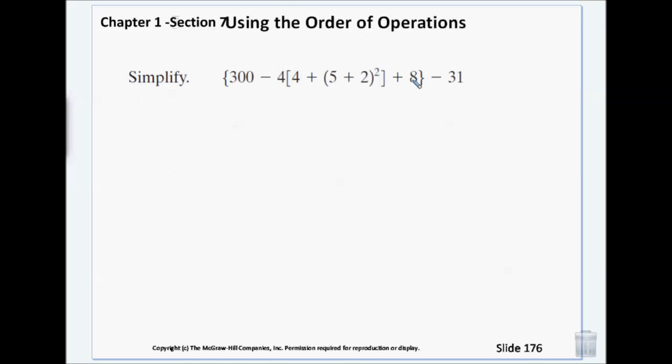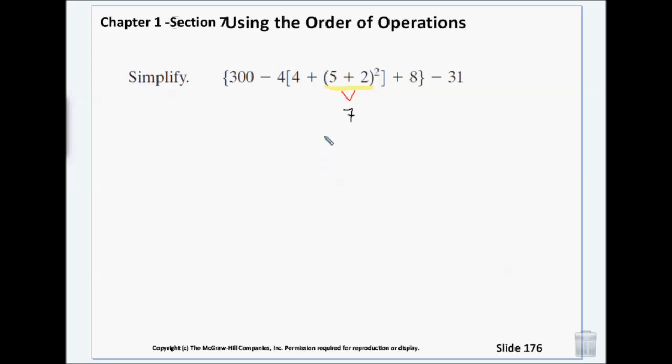A lot going on. But we're going to start at the inside, and then we're going to work our way out. So we're going to add 5 and 2. 5 plus 2, that is not so bad.